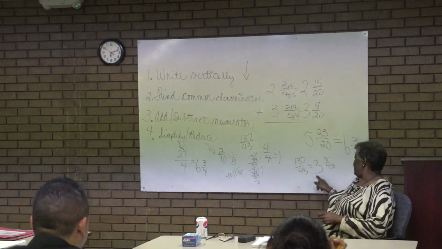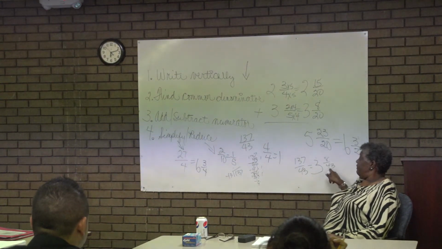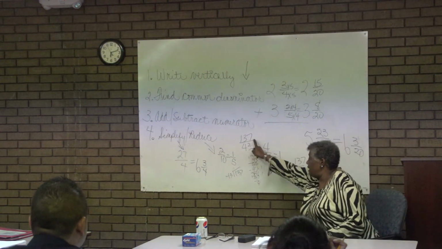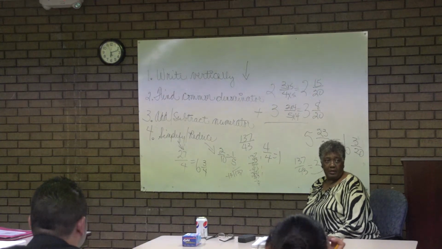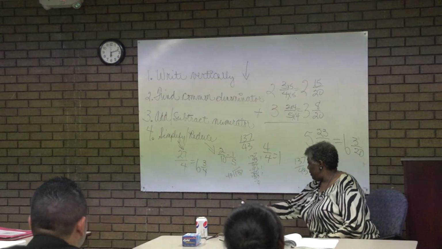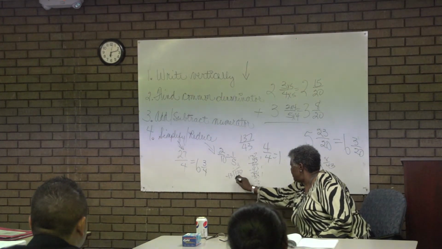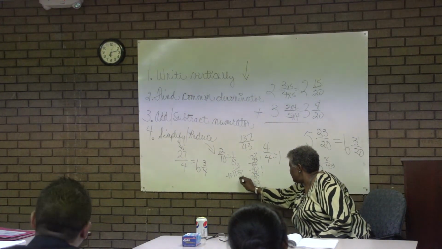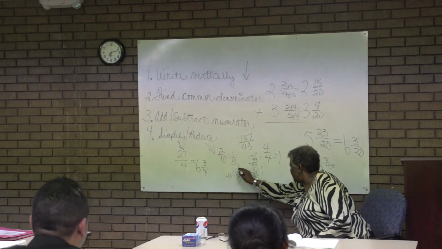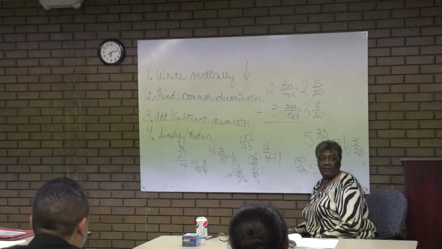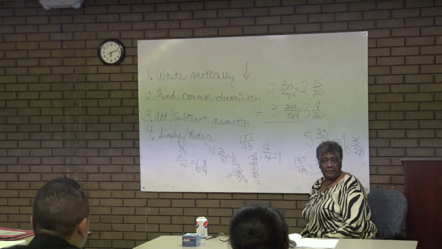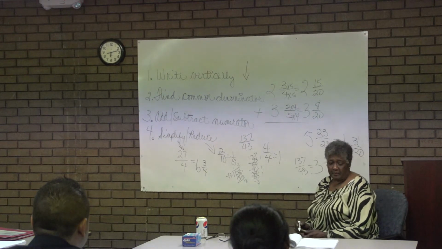And so you have 3 whole things and 8 43rds, if this had been your answer. But this is what you're doing, and you're saying it goes in here 3 times. 3 times 3 is 9, 3 times 4 is 12. And I have 8 of them left. Okay?